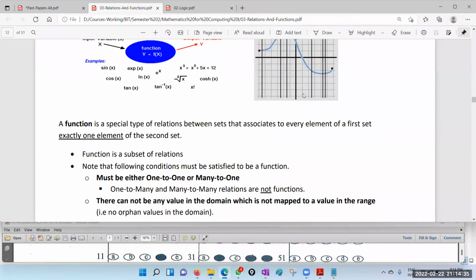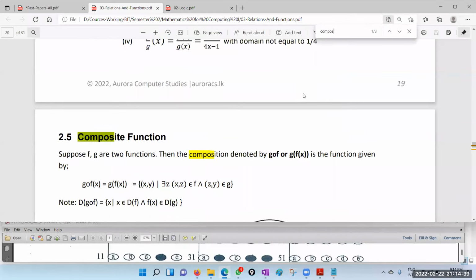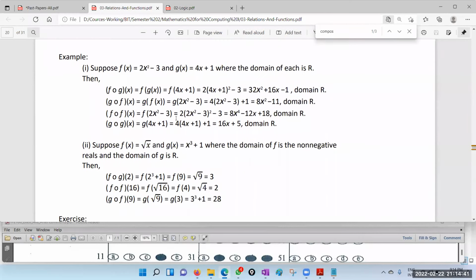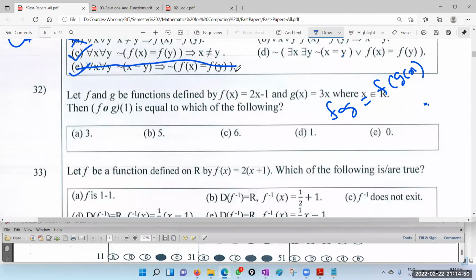Composite. So therefore first you have to do the gx, and then you have to do the fx.